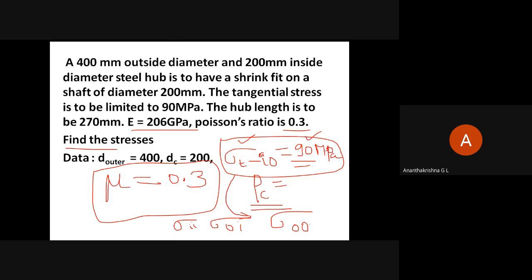So the equation for sigma T at inner surface of outer cylinder is given by PC of dO square plus DC square divided by dO square minus DC square plus coefficient of friction mu. So when you solve that, the PC value that we get is how much?